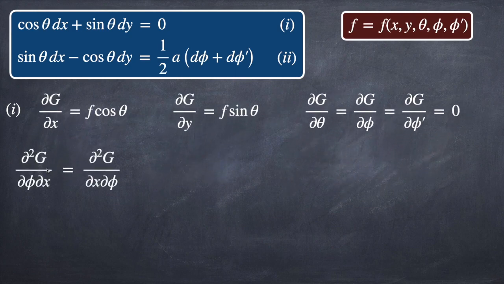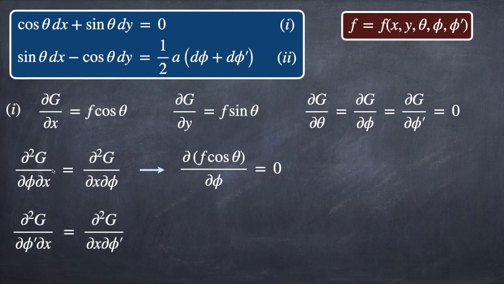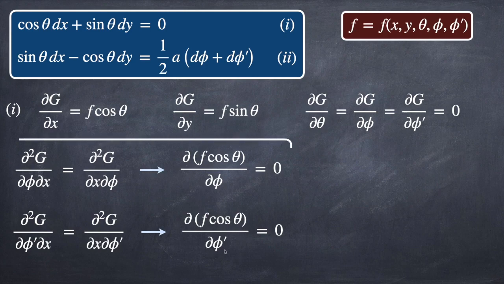If we calculate this quantity, we will obtain del g del x, which is f cosine of theta. Then we will need to calculate del phi of this quantity, f cosine of theta. And since del g del phi is equal to 0, then we have this equation here. And if we do the same, but instead of phi we use phi prime, we will have the partial derivative of the same quantity, but now with respect to phi prime.